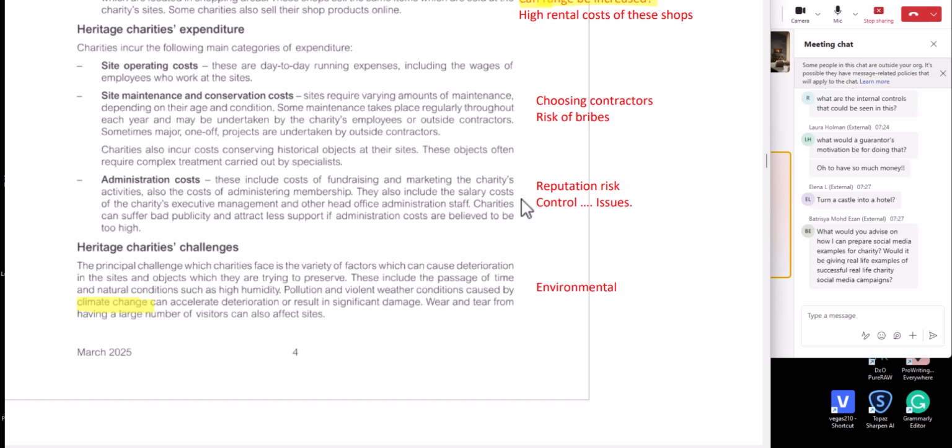There's a line on the syllabus which talks about controls over remuneration. It's never been asked in the exam. Never come up in the exam, ever. So make sure you know how to set an appropriate salary. It should be based on KPIs. It should be in line with the industry or marketplace.